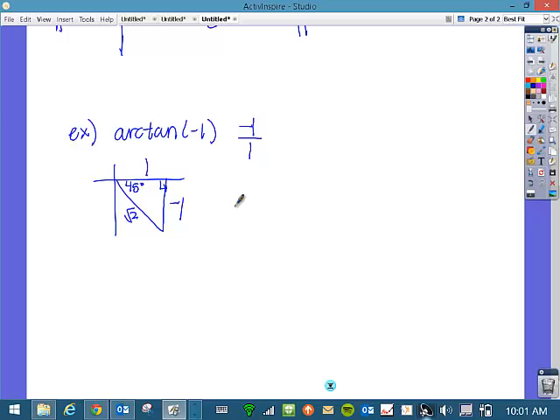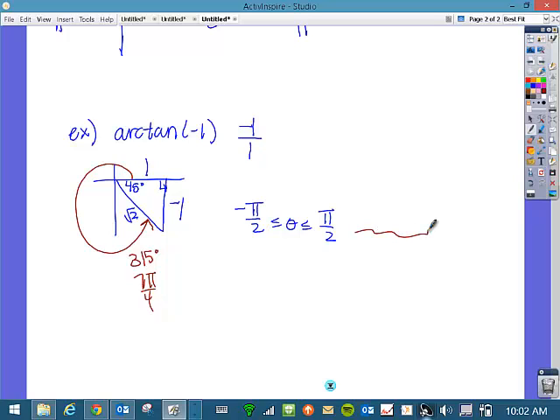And if you remember, our range is restricted to -pi over 2 to pi over 2. So if you were thinking about this angle moving in the positive direction, this would be 315 degrees, or 7 pi over 4. Well, 7 pi over 4 is not in this inequality. It's way outside.